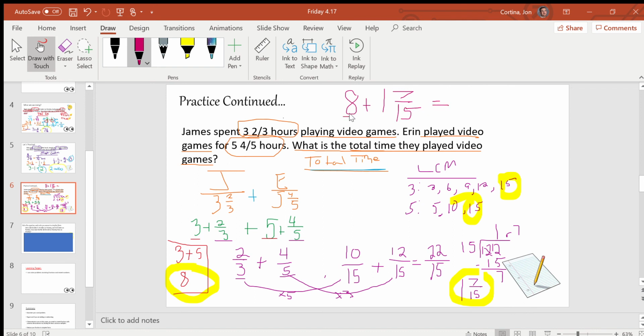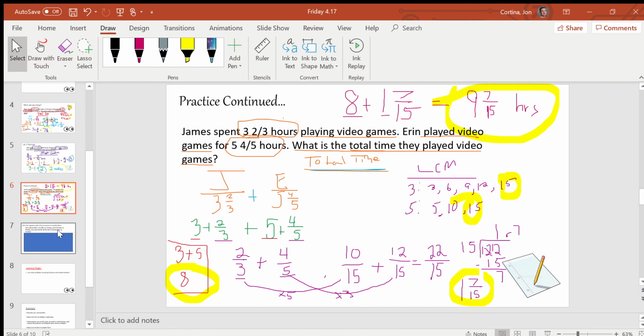We're going to combine our wholes. 8 and 1 gives us 9, and just carry the fraction over. So they spent a total of 9 and 7/15 hours playing video games. And that is our final answer.